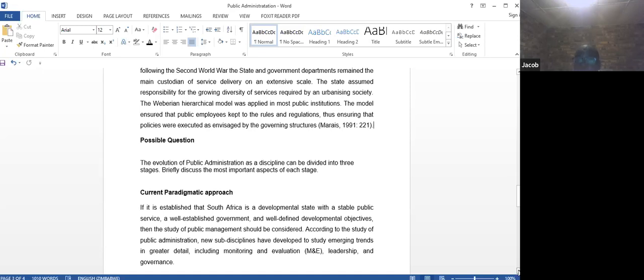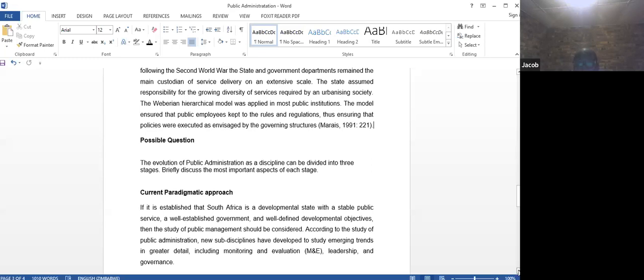A developmental state has certain characteristics that define it. Some of the characteristics of a developmental state are that the state focuses on developing the nation and alleviating the poverty of its people. Those are some of the characteristics that define a country as a developmental state.